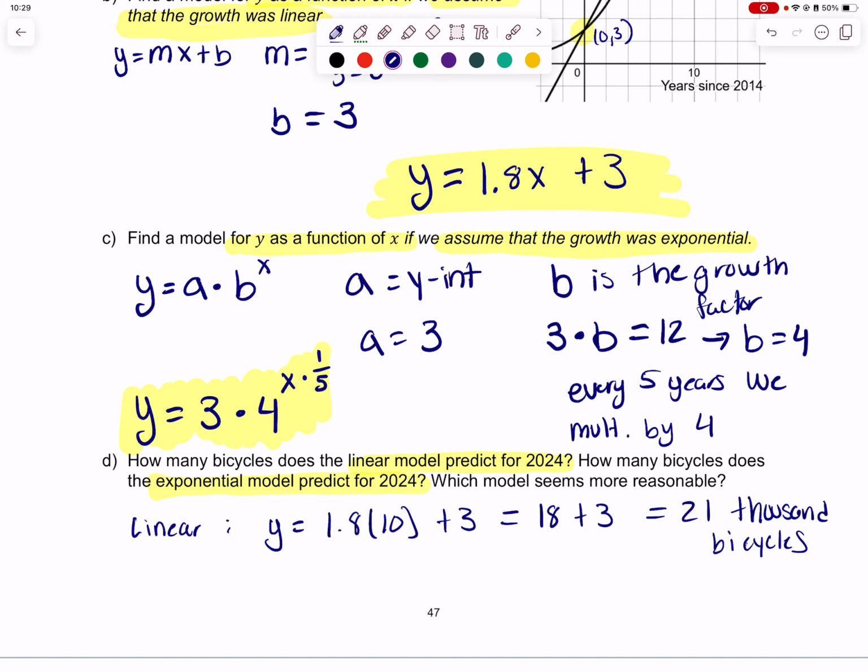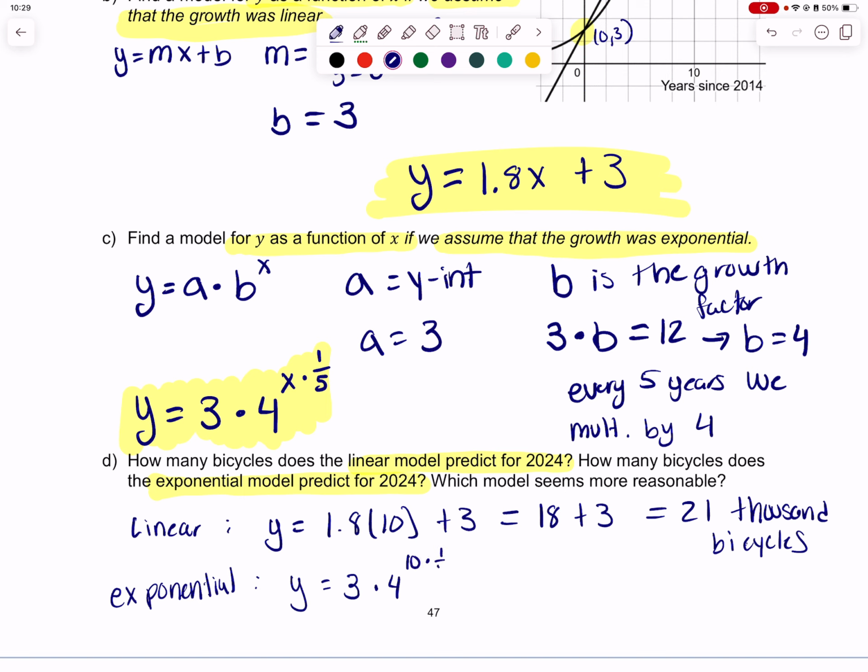Our exponential model that we just got here, we have that as being y equal to 3 times 4 to the x times 1/5 power, and we're replacing our x with 10.